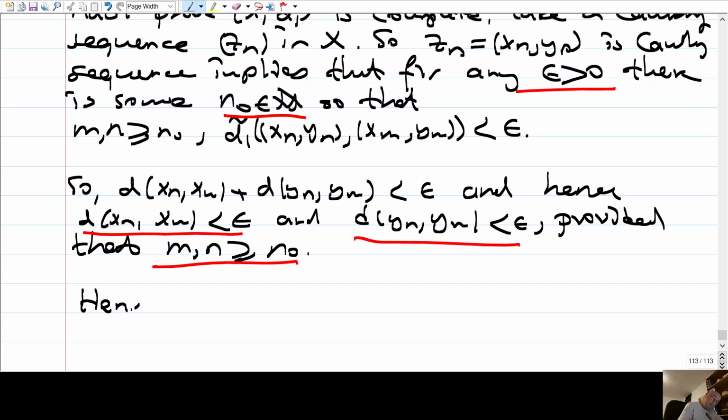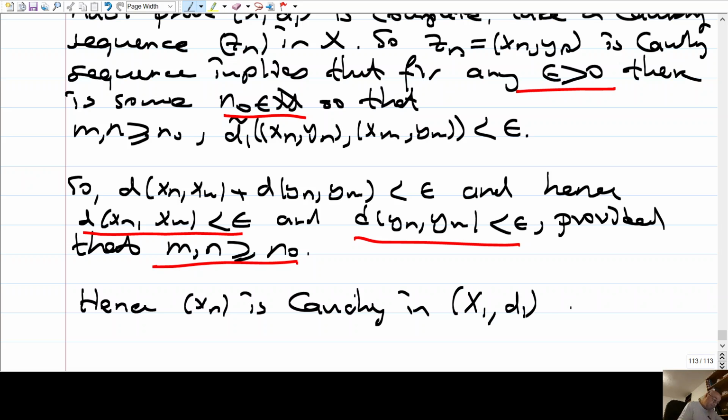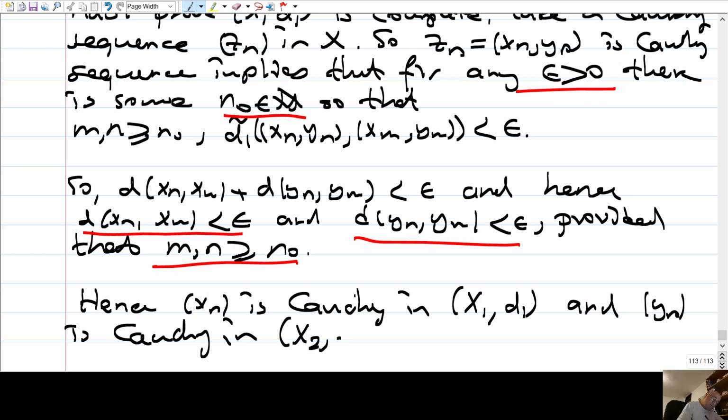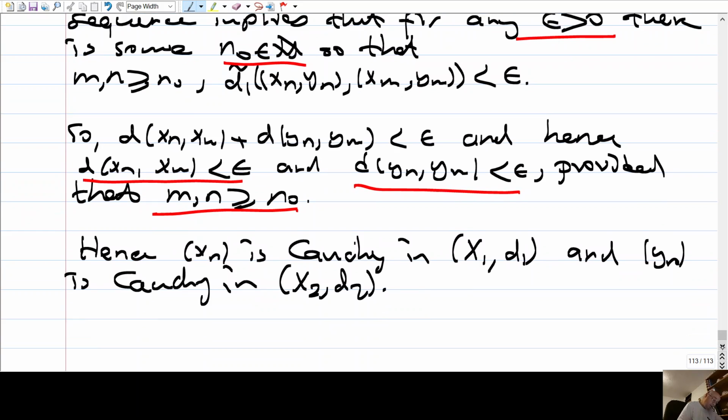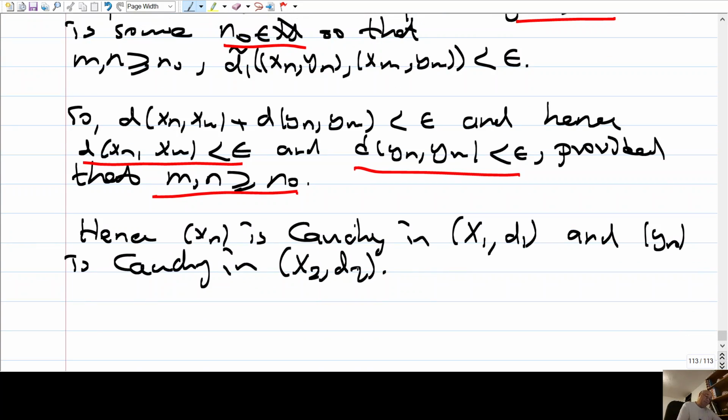Hence, xn is Cauchy in (X1, d1) and yn is Cauchy in (X2, d2).